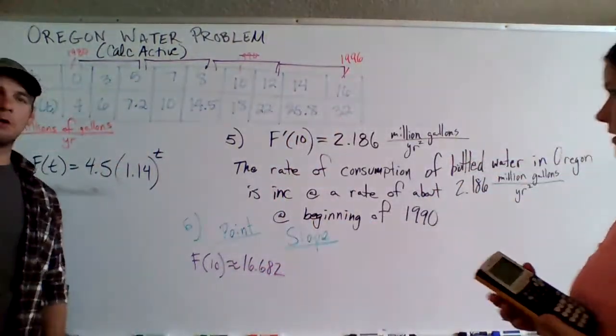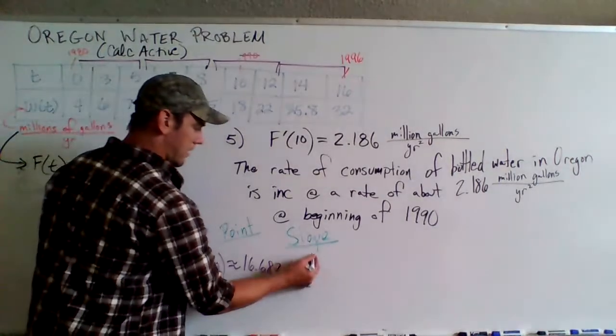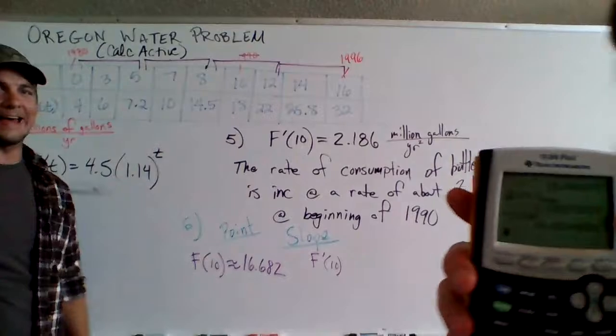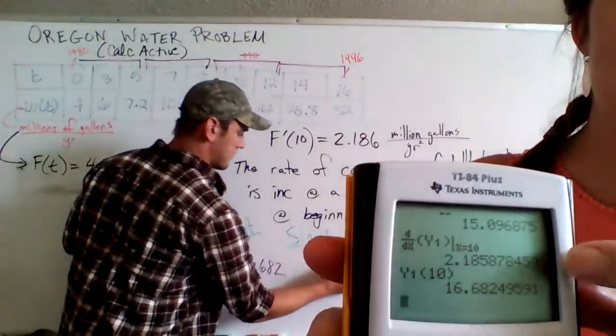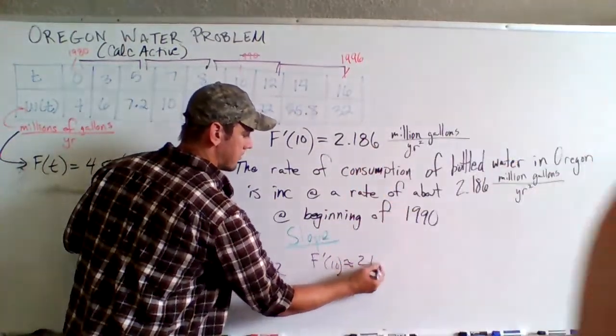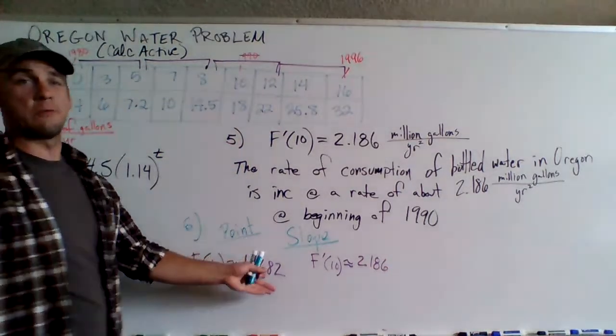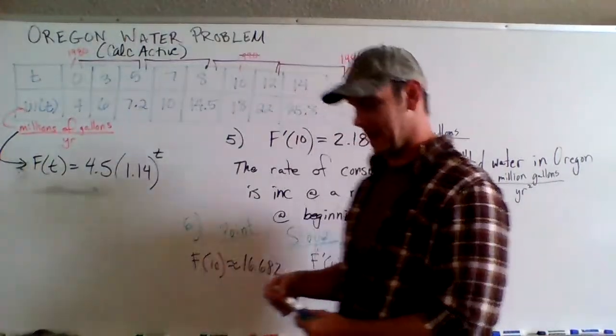And then we need our slope, which is going to be f prime of 10, which I believe we found in part 5, on the previous line: 2.186. Sweet. So we got our point, we got our slope. We can write the equation of our line at this time.